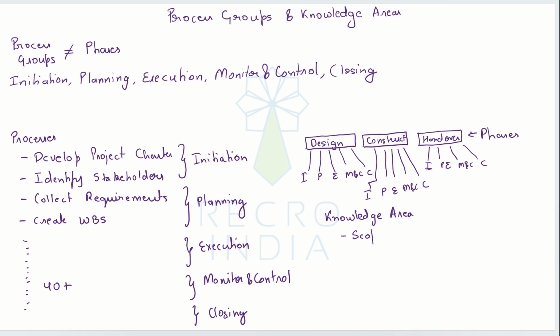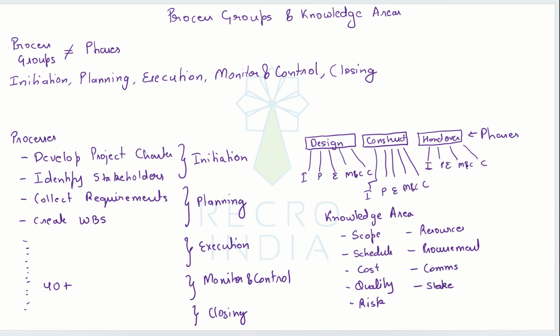So we have 10 knowledge areas: scope, schedule, cost, quality, risk, resources, procurement, communications, stakeholders, and integration.